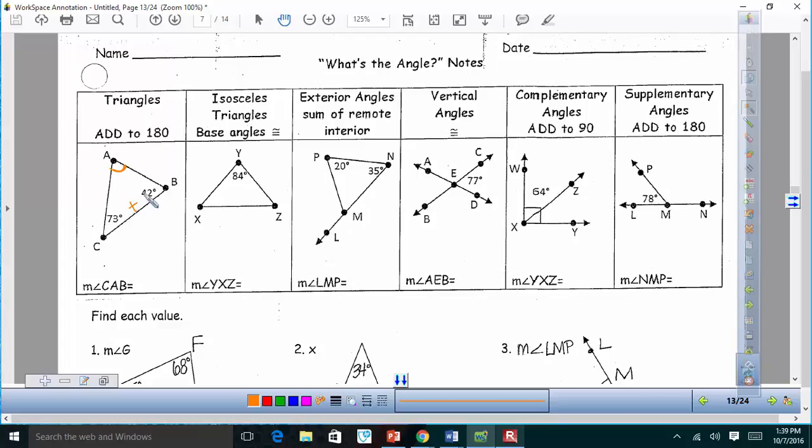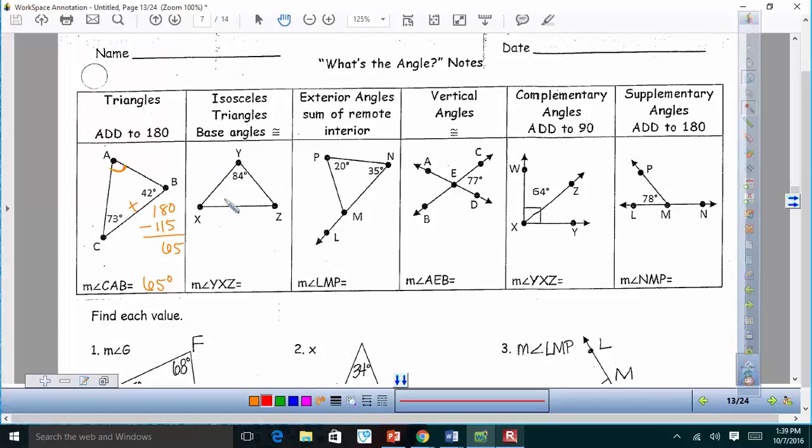73 plus 42, which would give me 115. Then we know the whole thing should equal 180, so we'd subtract that from 180, and CAB would be 65 degrees. Very good. That's what we learned yesterday. We also learned the isosceles triangles.